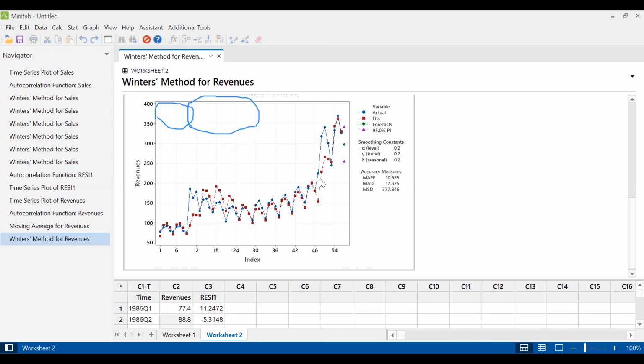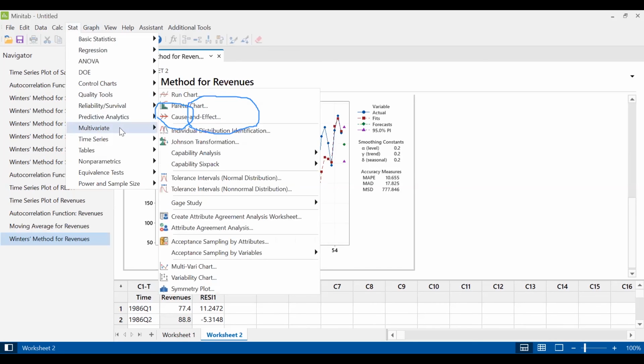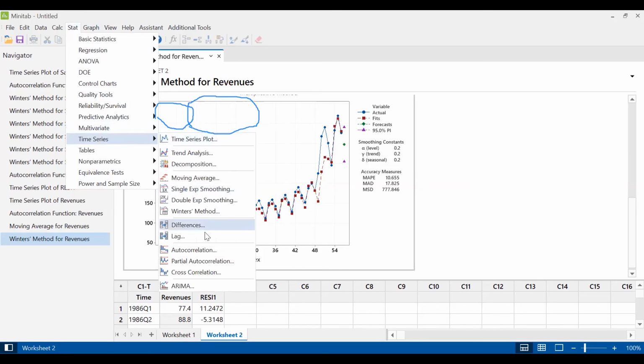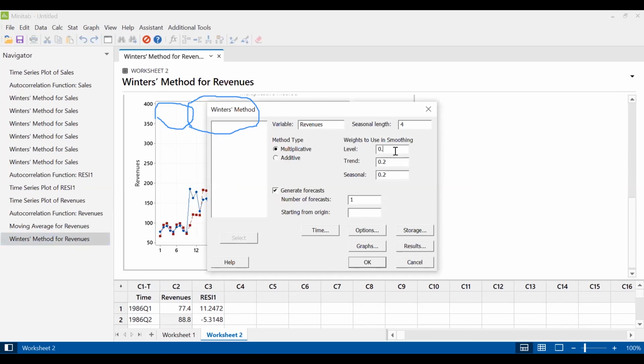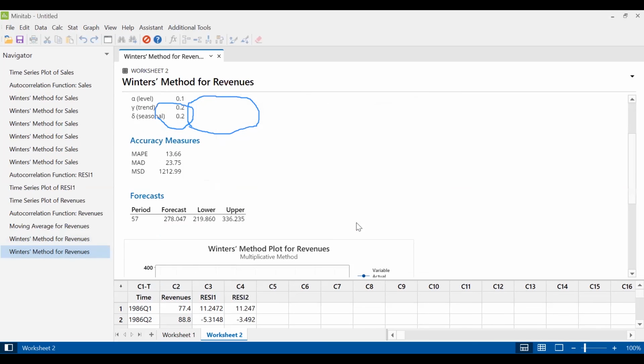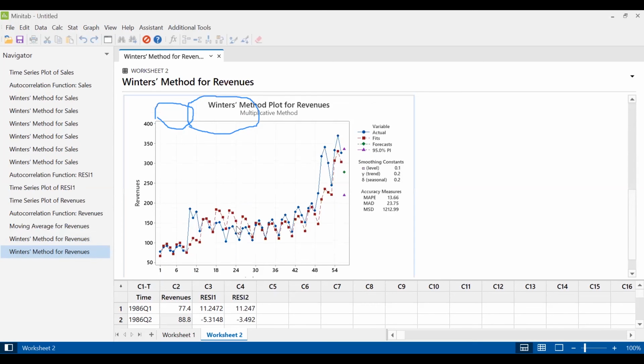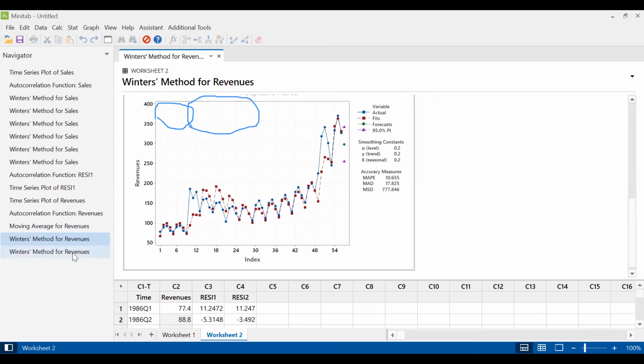So for that purpose, let's change alpha, gamma, and delta and see what happens. This time I'm gonna do alpha first, same as last time. So Winters method, and let's see, we're gonna pick alpha equal to 0.1. It's 12,000. Apparently we don't want to decrease alpha.